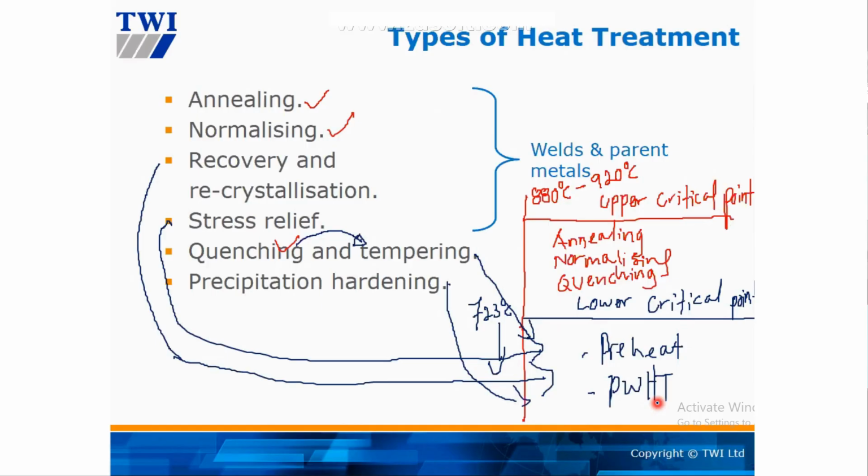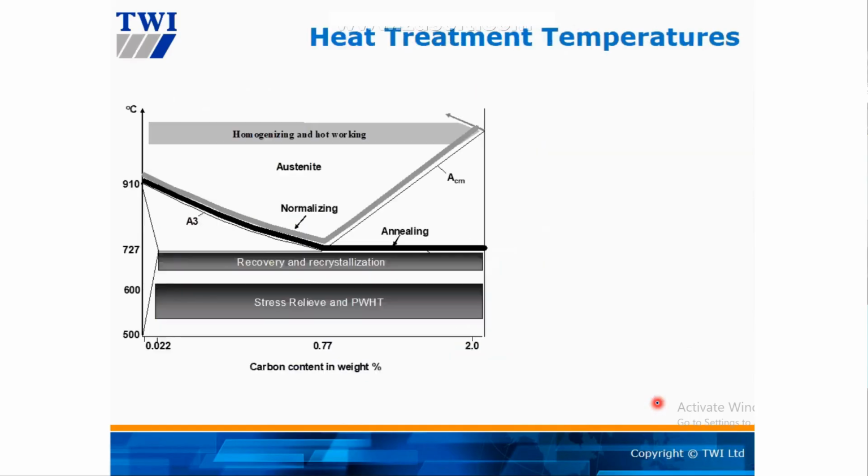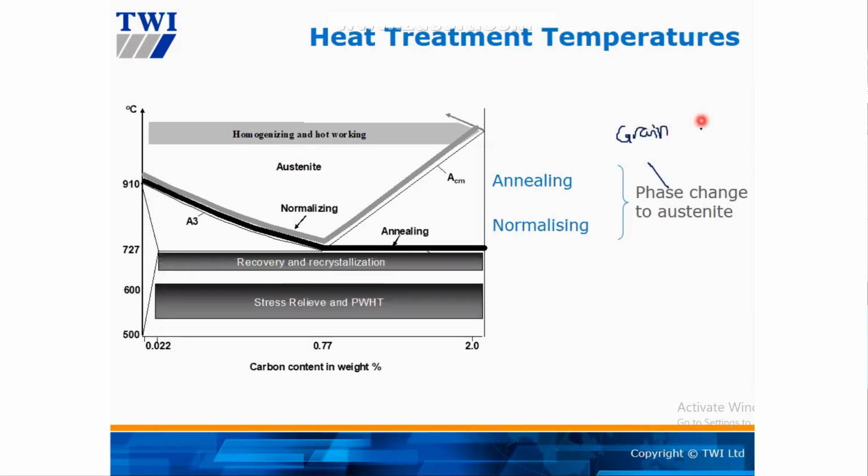All right, you move. So here, they say annealing and normalizing, phase change to austenite. What we can understand from this statement, phase we can assume as grain structure. When we heat the material to around 900 degrees C, we get austenite grain.